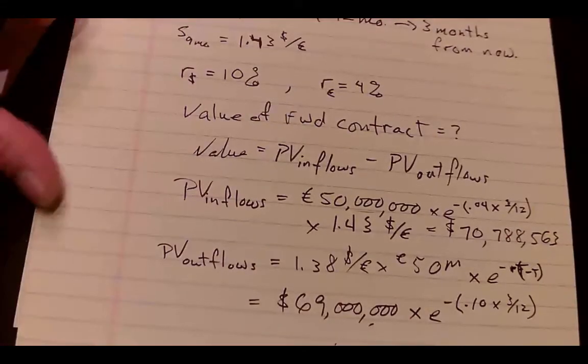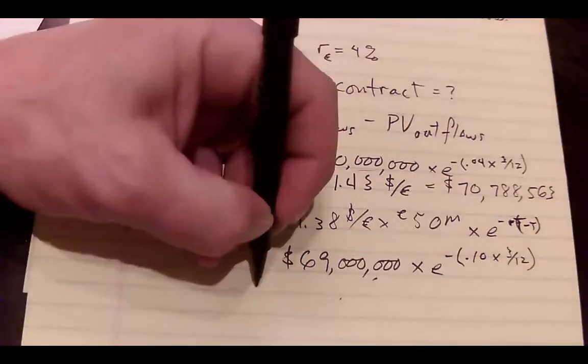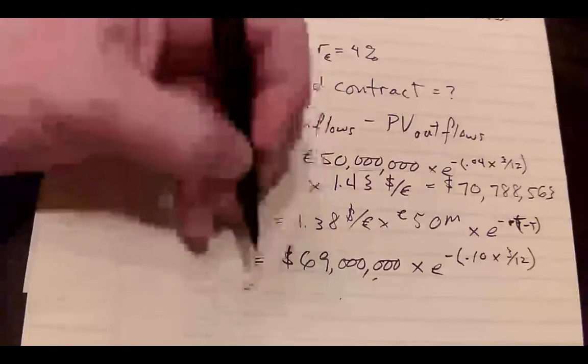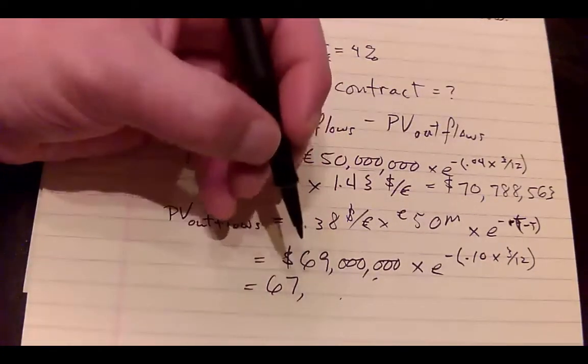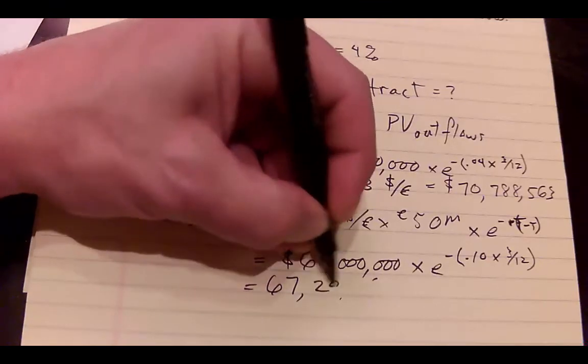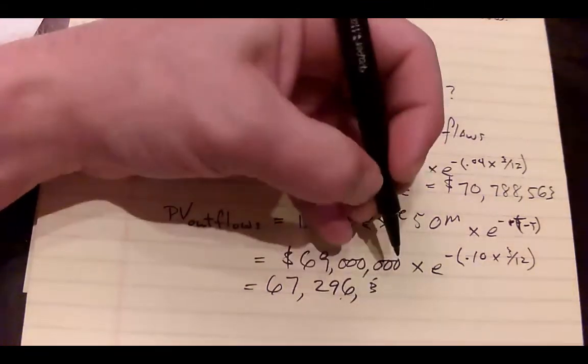We calculate that, put that in our calculator, and I get 67 million, 296,384.